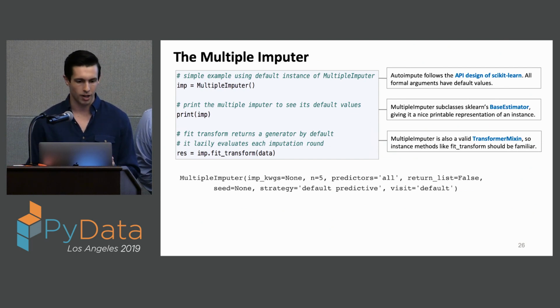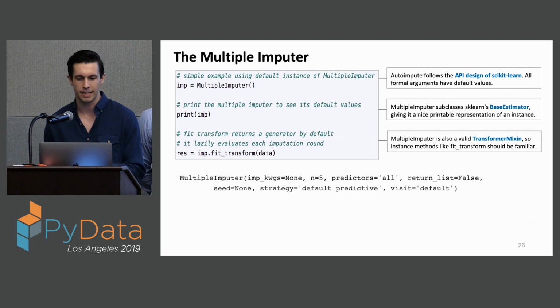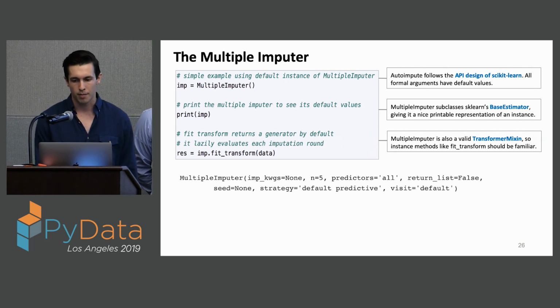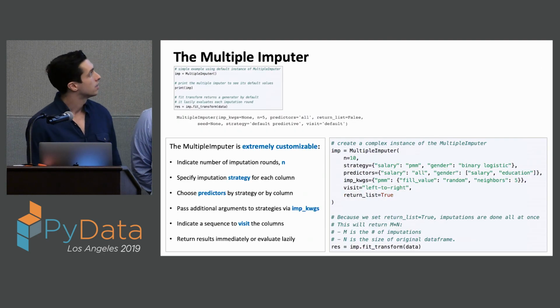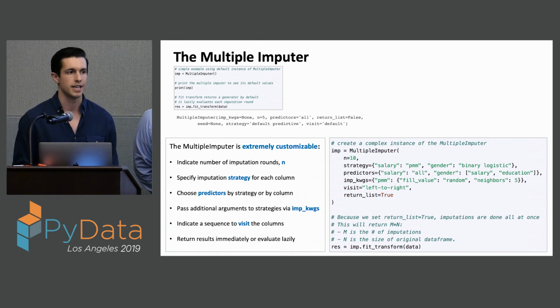So one look at the formal arguments here, right? As we see in this example, there's default values for all of them. We'll get into more detail about what those are on the next slide when we show a more complex example of the multiple imputer. Does that look all right? So in this case, let's go through some of the arguments, right? So here we're basically customizing our multiple imputer, tailoring it to do what we want.